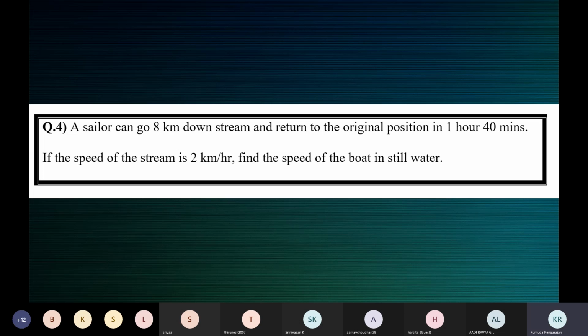So what happens to the net speed of the boat? The boatsman is rowing the boat and moving it at a particular speed. But since the water is also flowing in the same direction, the speed of the water increases the net speed of the boat.